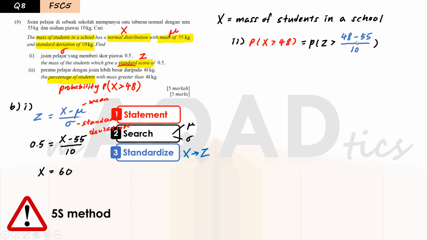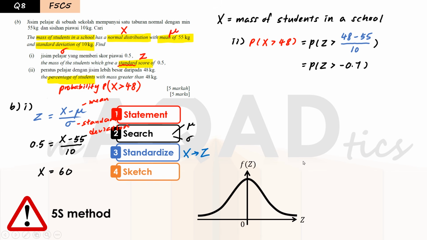Let us simplify this and we will get negative 0.7. Now let's go to the fourth S, which is sketch. From this probability, we need to sketch out a graph to see how we can find the probability of this result here, Z greater than negative 0.7.